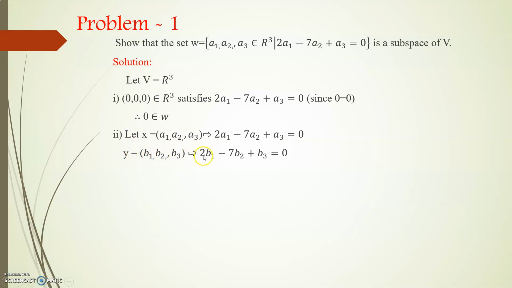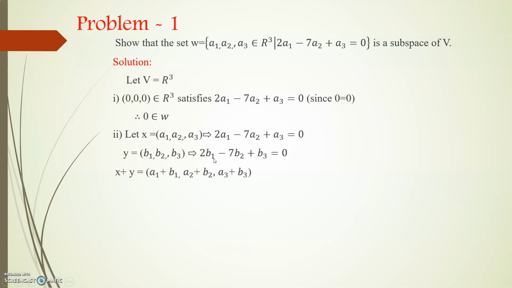This can be written as 2b1 minus 7b2 plus b3 equal to 0, using the given condition, just replacing a1, a2, a3 with b1, b2, b3. So we get the equation like this.